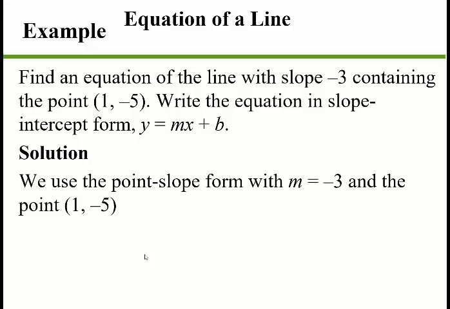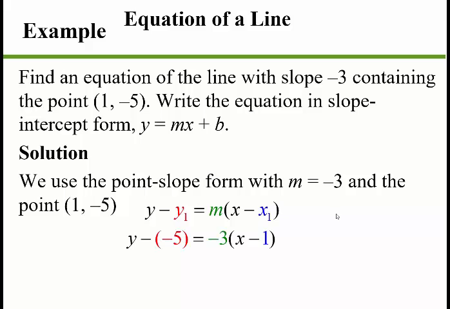So the first thing here, we're going to use that point slope form with m is equal to -3 and the point 1, -5. So here's my point slope, y minus y1 is equal to m, and then x minus x1. So I'm literally going to plug in -3 here. My y value is going to be, this is going to seem weird, minus 5. I'm going to plug -5 in there. And then I'm going to plug 1 into here.